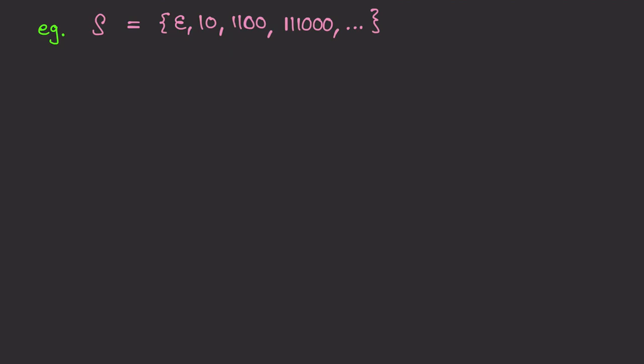Here's another example where we start with the set pink S rather than starting with the decomposition. We've seen this set of strings before. It's the set of all strings consisting of some number of 1s followed by that number of zeros. Every string in the set pink S is either the empty string or is obtained in exactly one way from another string in pink S by adding a 1 to the front and a 0 to the end.